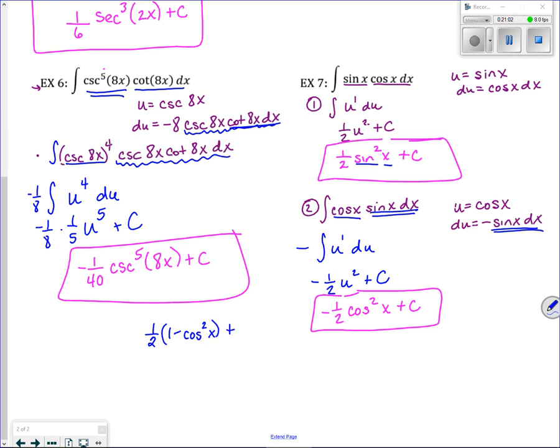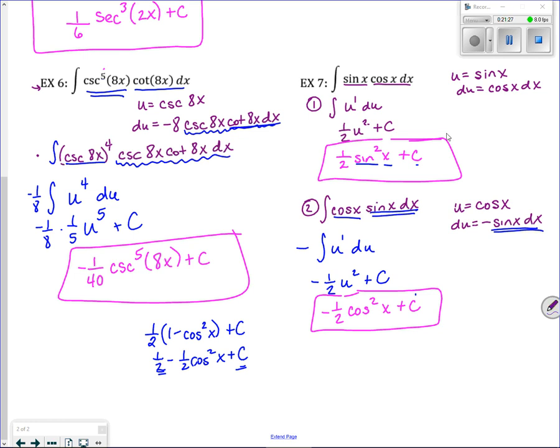Isn't that true? And what would I have? I would have 1/2 minus 1/2 cosine squared of x plus c. Well, 1/2 plus a c, isn't that just a constant? So that's how I have negative 1/2 cosine squared plus some constant. These constants aren't necessarily the same, but that's how I go from one to the other.